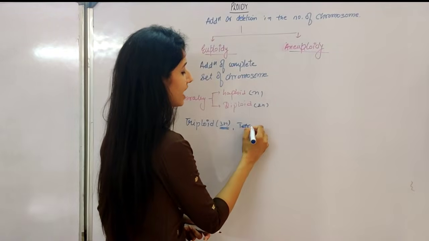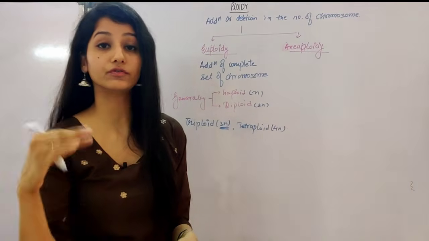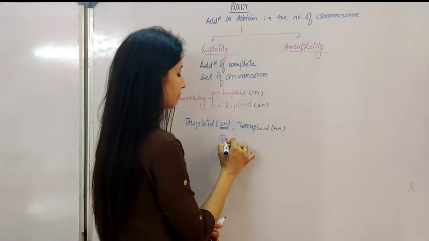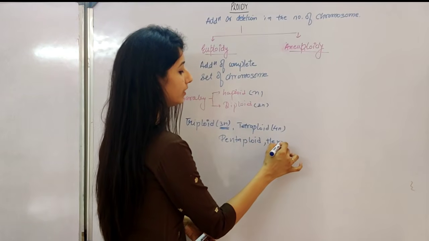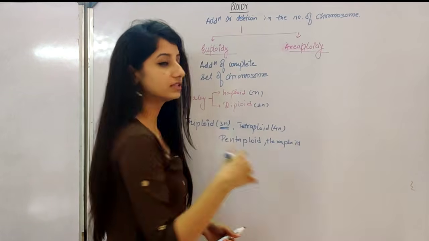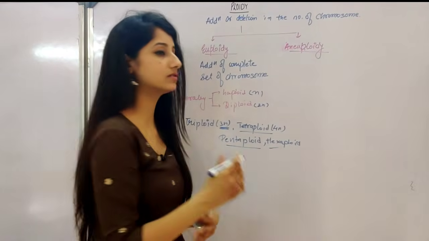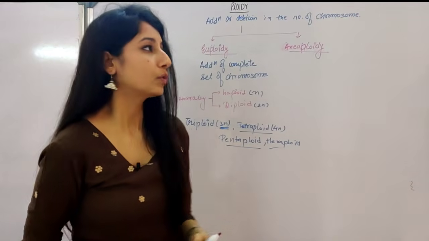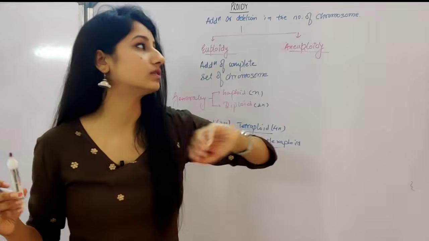Or it can be tetraploid, that is 4n, where 2 sets of chromosomes are completely added. Likewise it continues, it can be pentaploid, it can be hexaploid. According to the number of sets added, we say it is tetraploid, pentaploid, hexaploid. Likewise. So it is euploidy, that a complete set of chromosomes are added.